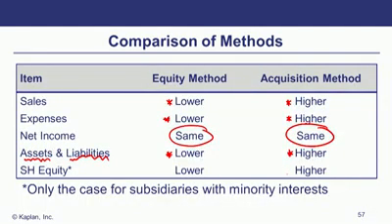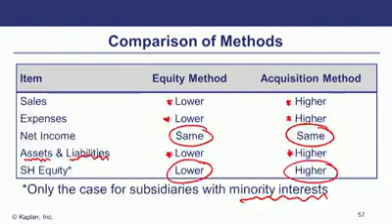Now, stockholders' equity, we're saying lower and higher. I should say, this is only going to be the case for subsidiaries with minority interest. If you have no minority interest, then they are going to be the same. That's one key point to make. Now, why is the equity under the acquisition method higher?